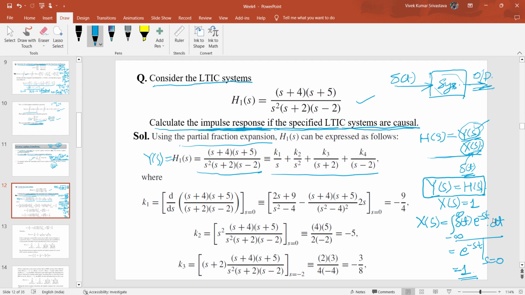Then by using these known functions we evaluate the inverse Laplace transform. This method is very easy for calculating the inverse Laplace transform as compared to the other one.